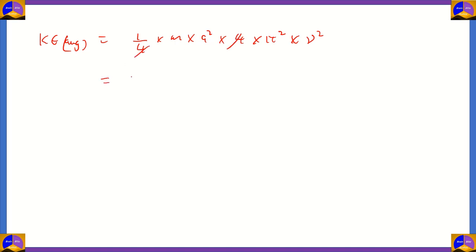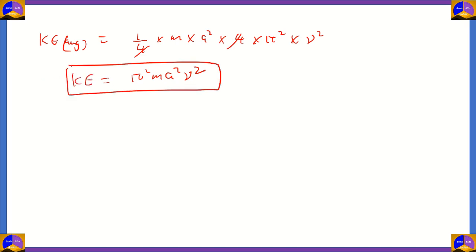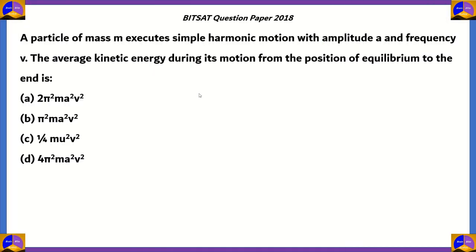So therefore you have pi squared m a squared and then nu squared. So the average kinetic energy is represented as pi squared m a squared nu squared for this particle in simple harmonic motion. So therefore, among the following options, option B is the correct answer.